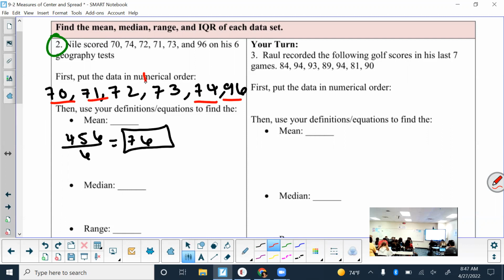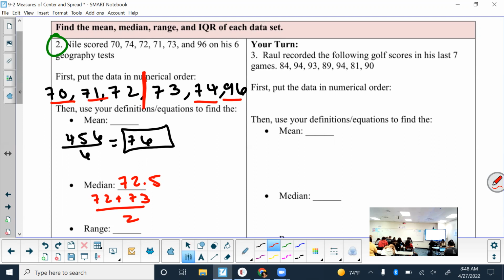72 and 73. It should only be one number. 72 and a half is your median. All right, so add them together, divide it by 2. You can also think of it as the midpoint between those two numbers, which is 72.5. That's what you do when you have two numbers in the middle.